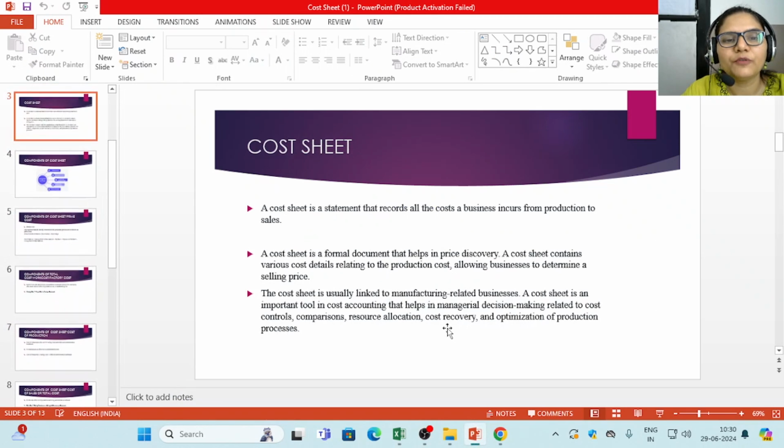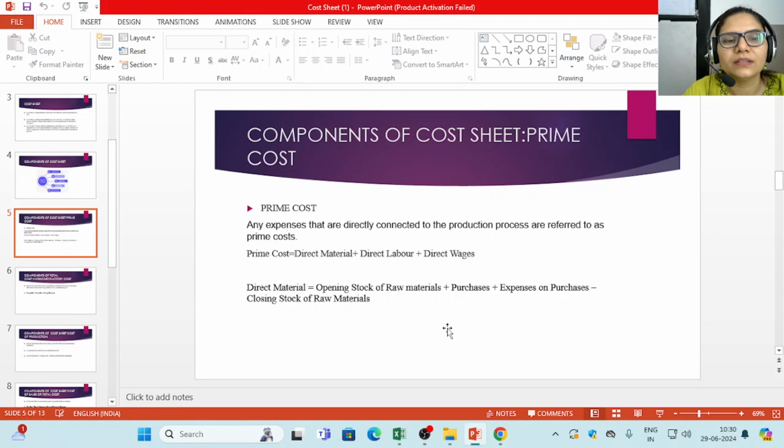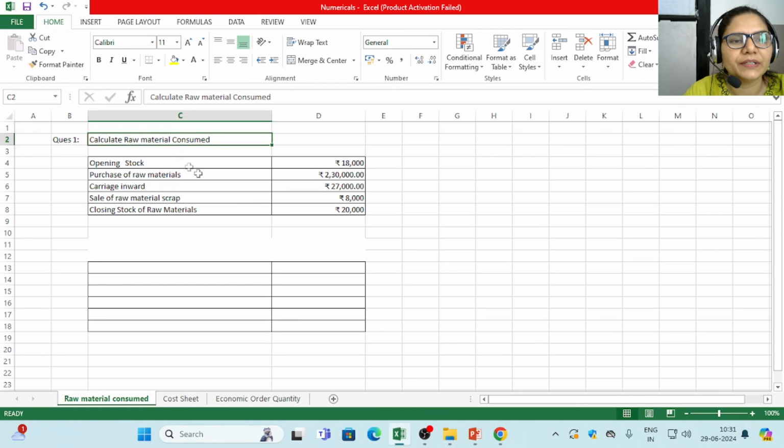We learned the formula for calculating the raw material consumed, that is direct material is equal to opening stock of raw materials plus purchases plus expenses on purchases minus closing stock of raw material. Similar formula we will implement over here.